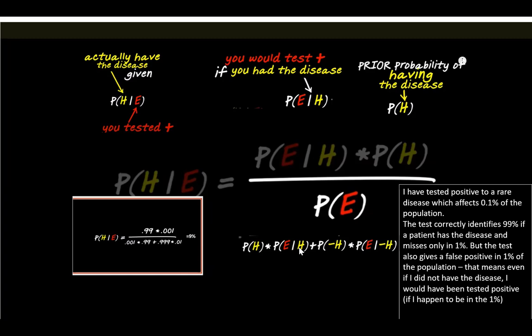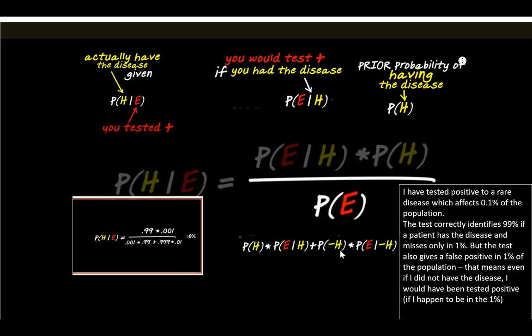That is, the probability that I have the disease, and then the probability that I will be tested positive. It says 99% because the test is reliable 99% of the occasions when the patient has a disease. So this becomes 0.001 into 0.99.